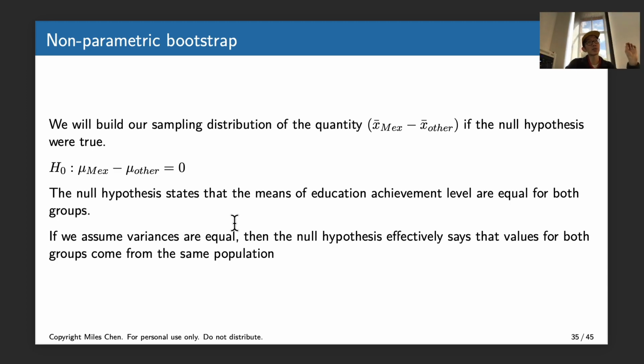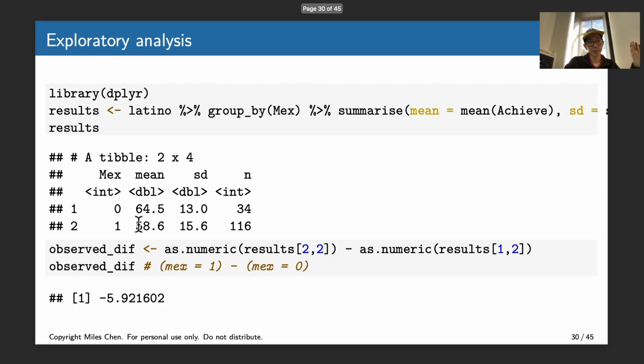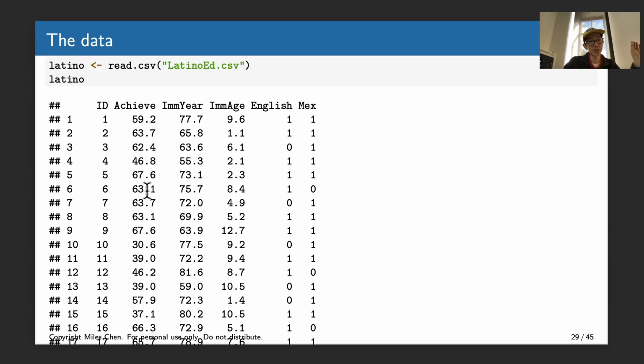If the null hypothesis were true, we're basically saying that these values in this achievement column have nothing to do with this column of whether the immigrant came from Mexico or a different country. If the null hypothesis were true, the numbers that show up in this column are just coming from one population, the population of educational achievement values for all of these immigrants.